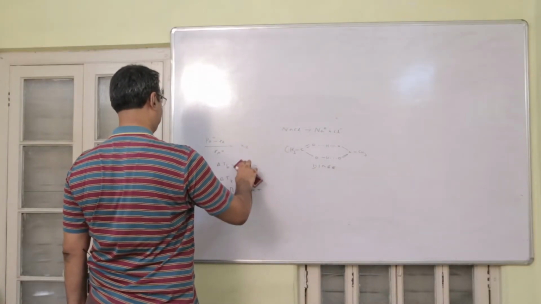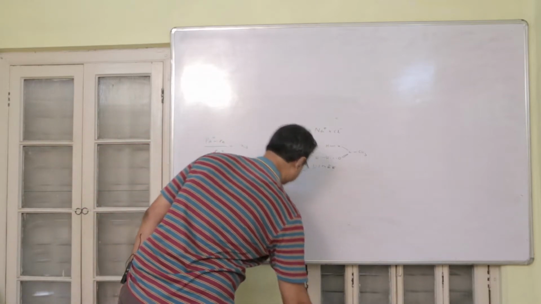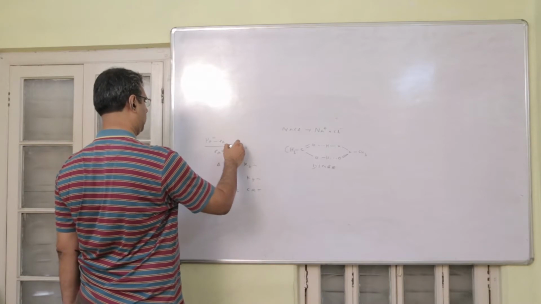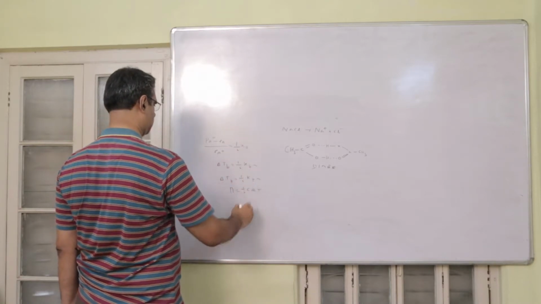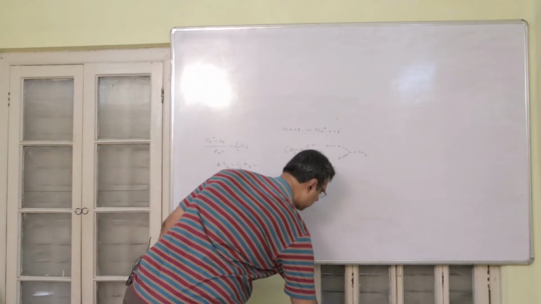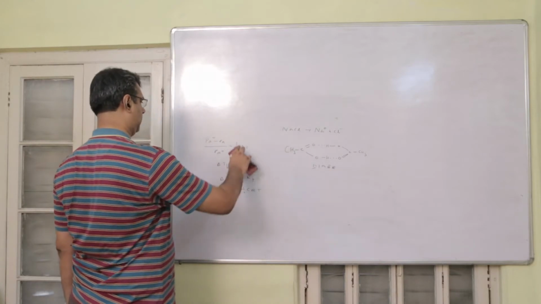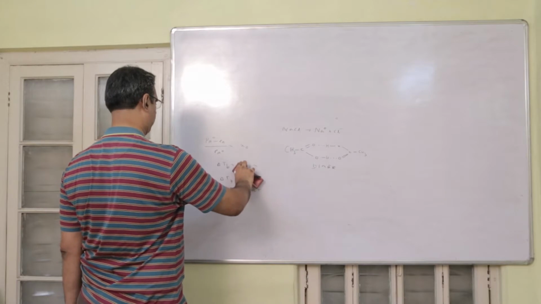According to Van 't Hoff, on the right hand side there should be a multiplier half, because two molecules are forming a dimer to form a single molecule.